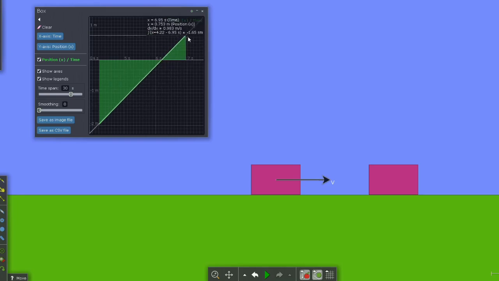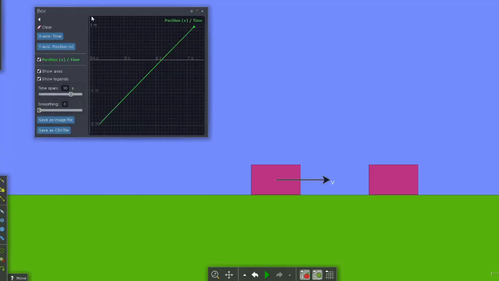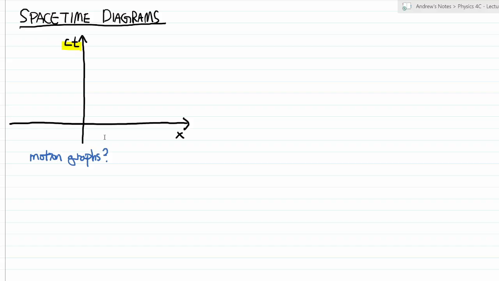In the motion graph, we are interested in quantities like position, velocity, and acceleration, and we plot them on the y-axis. And time is represented as an independent variable. What will change with space-time diagrams is that time and position are placed on an equal footing. And traditionally, although we don't have to, we plot time on the y-axis. So again, if you want to think of space-time diagrams like motion graphs, that's great.